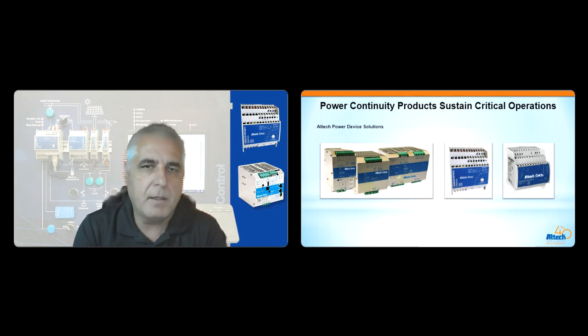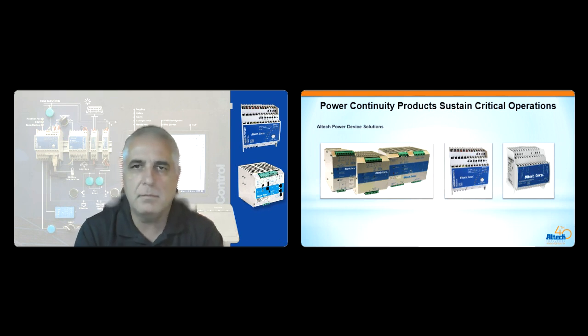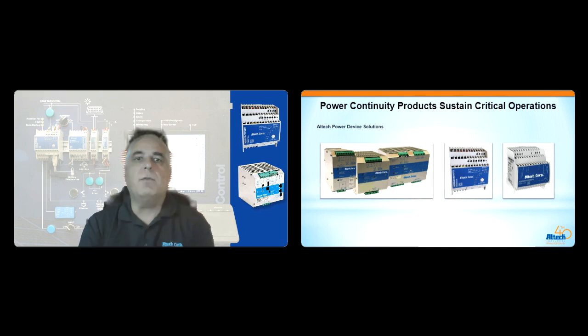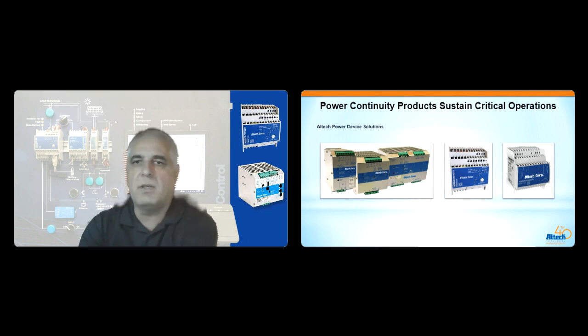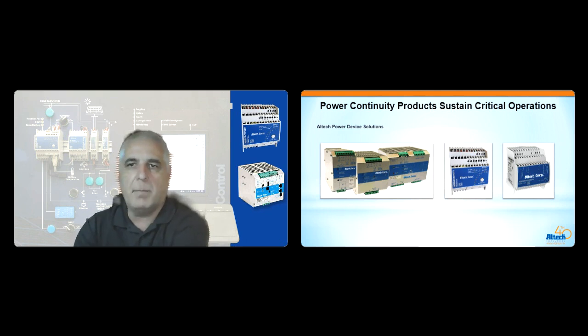Okay. I guess please give us a little more information on uninterruptible power supplies, otherwise known as UPS systems. Of course, Dave. So uninterruptible power supplies, UPSs, are used to provide continuous power delivery or backup power for critical electronic devices and systems during power outages or voltage fluctuations, particularly in situations where main power is unreliable or subject to interruptions.